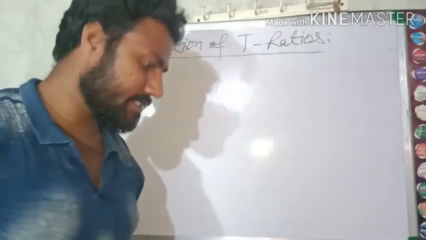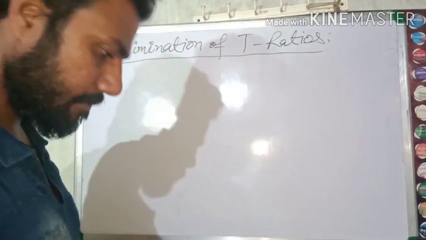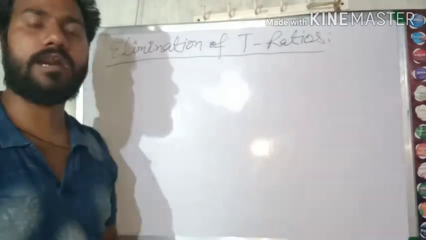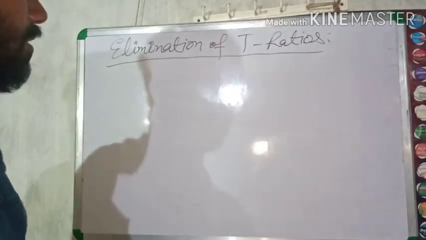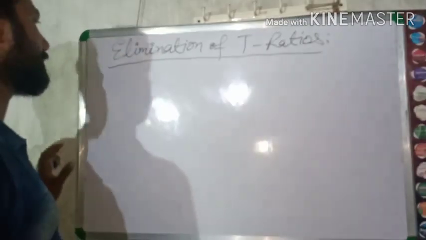Today our topic is elimination of trigonometric ratio from given relation. We have to use fundamental trigonometric identities.